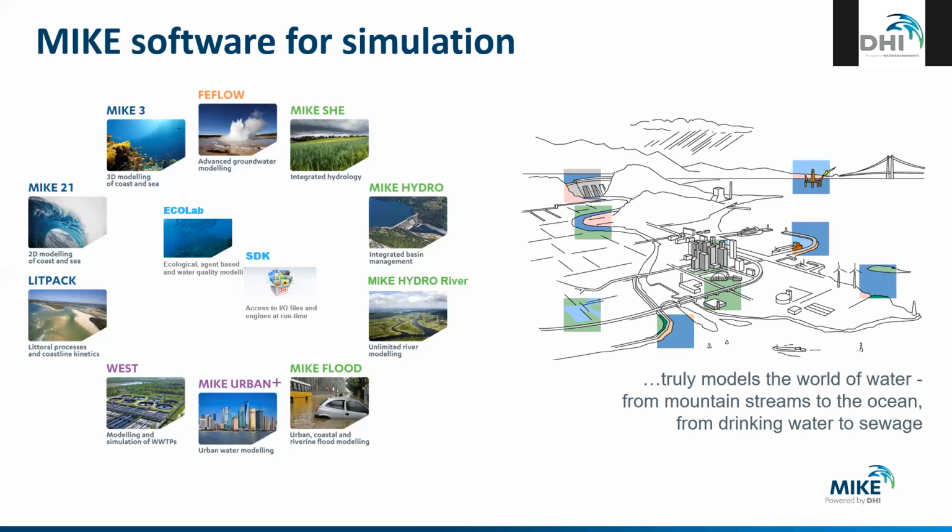MIKE SHE can be run on a short time scale and a long time scale, so you can actually look at event-based situations, or you can look at multi-year, 40, 50, 100-year scenarios. And within MIKE SHE, you can actually define time-varying land use profiles.